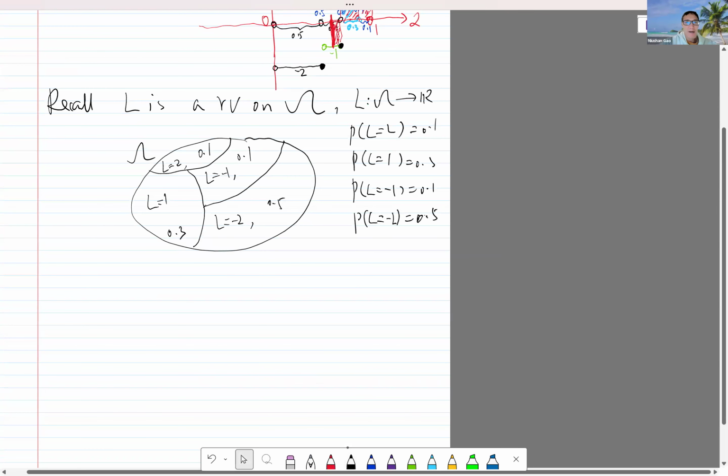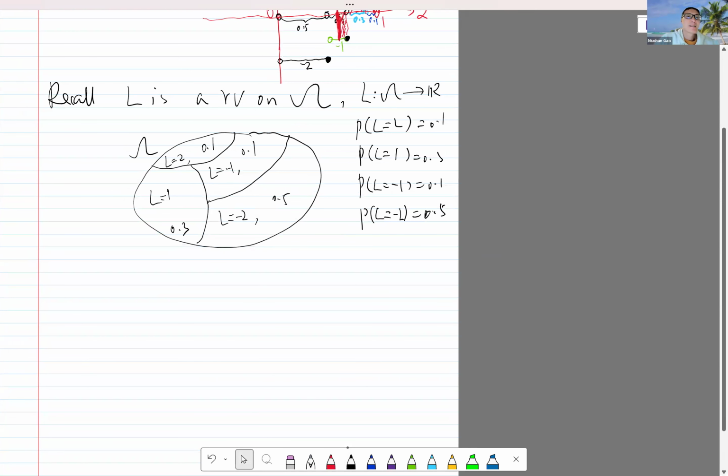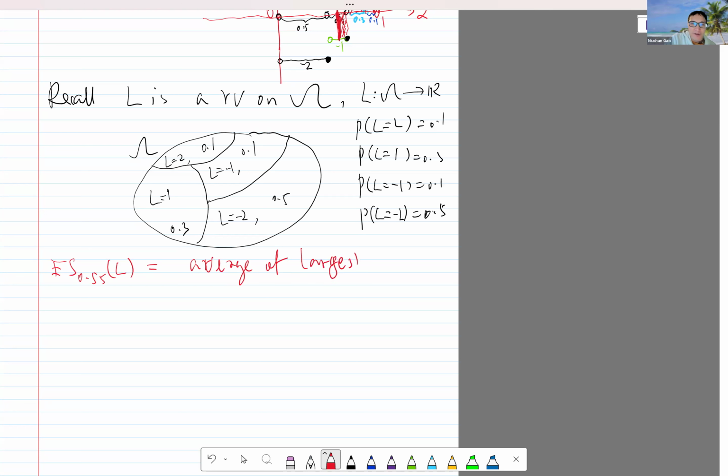So now what we have is this. Now I consider the expression of this. Remember, it's the average of largest values of L over a set of probability 0.45, which is 1 minus alpha.